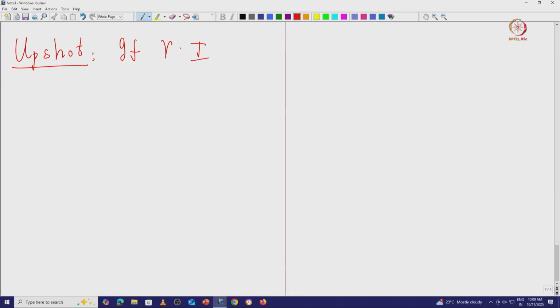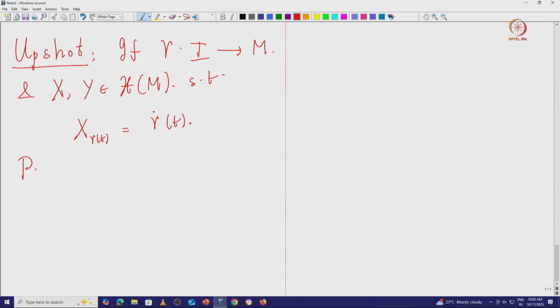If gamma is a curve and x and y are vector fields, let's say gamma is an integral curve of x, so that just means that x evaluated at gamma of t is precisely the velocity vector of gamma, and then we put y of t to be the restriction of y to gamma of t, then we have the following formula.